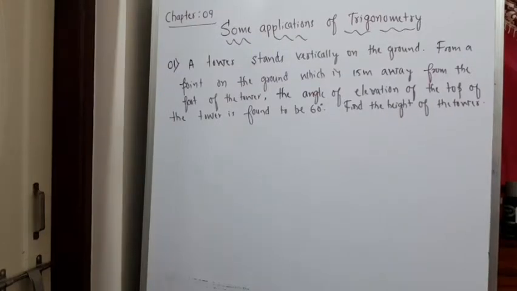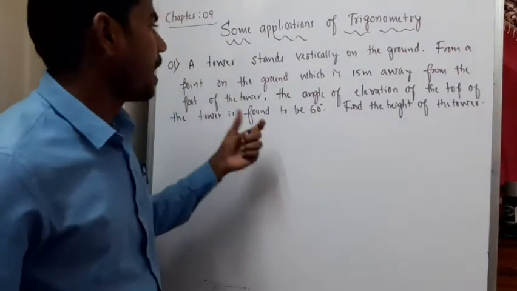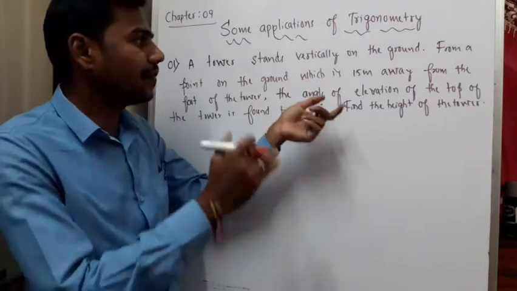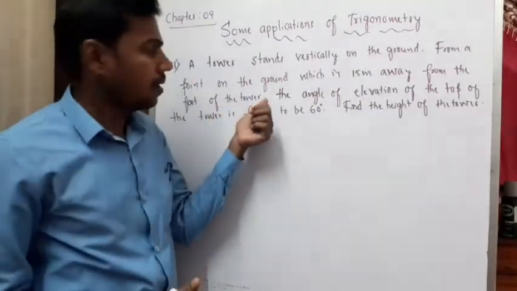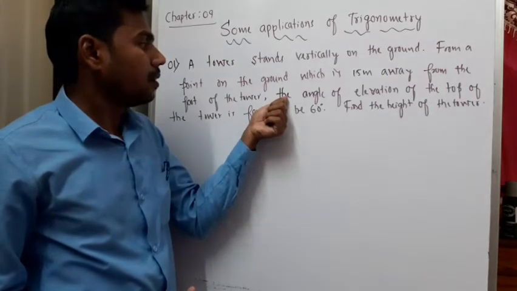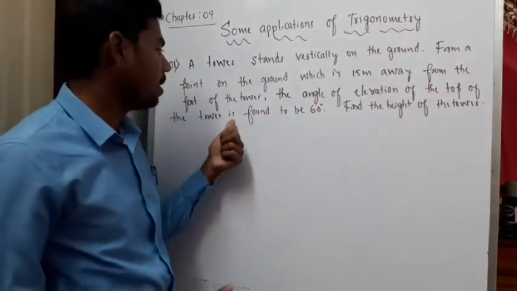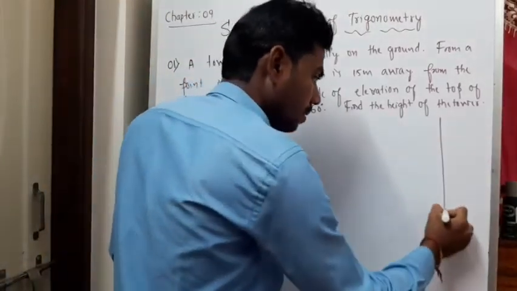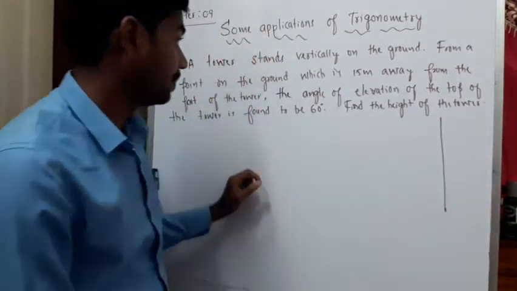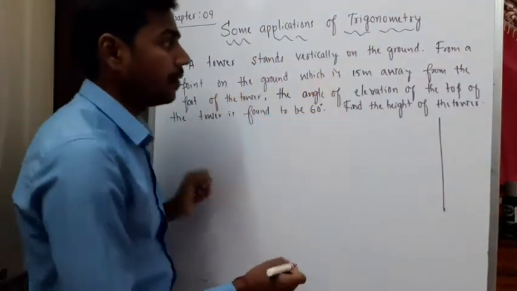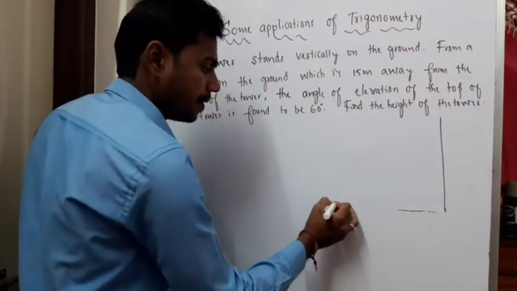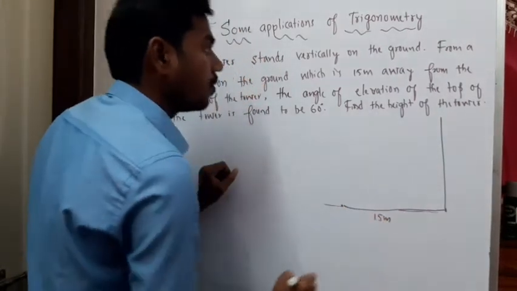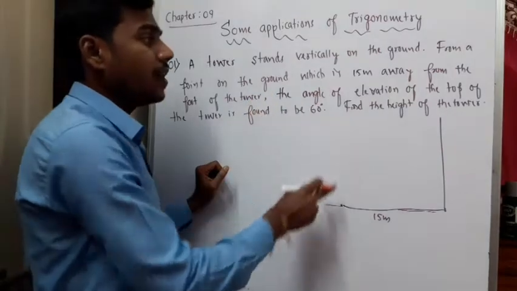First example, based on this heights and distances: a tower stands vertically on the ground. From a point on the ground which is 15 meters away from the foot of the tower, the angle of elevation of the top of the tower is found to be 60 degrees. Find the height of the tower. See, there is a tower, and they are telling us, from a point on the ground which is 15 meters away, suppose this is the ground and the distance between this point and the tower is 15 meters, the angle of elevation of the top of the tower is 60 degrees.